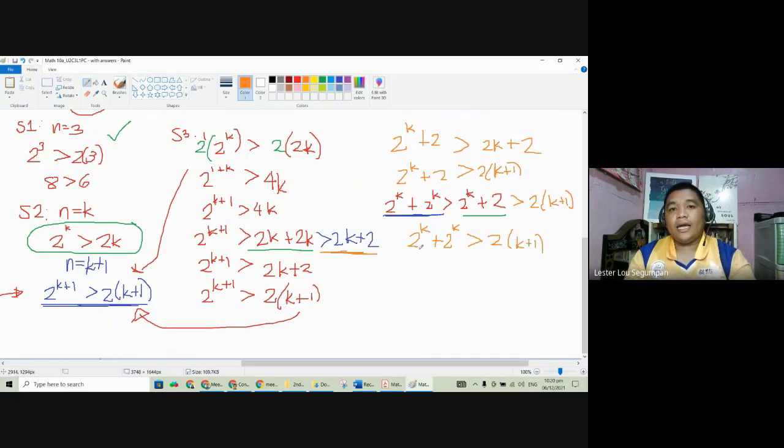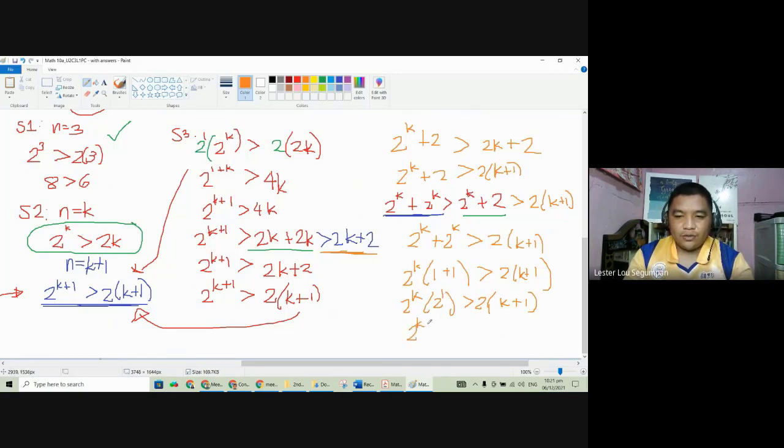You have two expressions that are the same, so you can factor that out. 2 to the power of k, so you have 1 plus 1 greater than 2 times k plus 1. Then you have 2 to the power of k times 2 is greater than 2 times the quantity k plus 1. The law of exponents allows us to add exponents. So you have 2 to the power of k plus 1 is greater than 2 times the quantity k plus 1. Same thing, we have reached this goal.